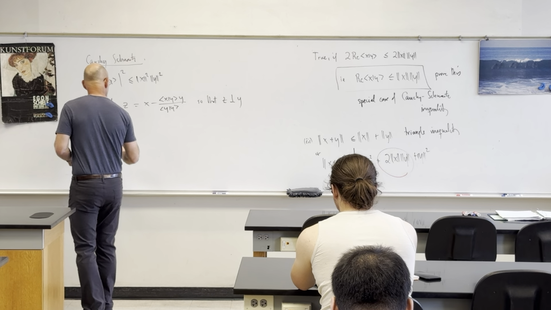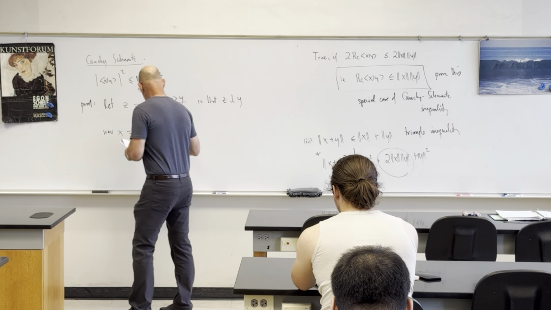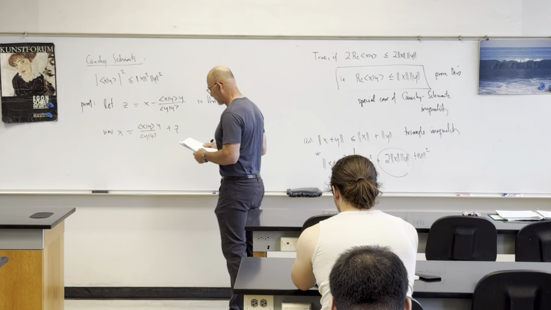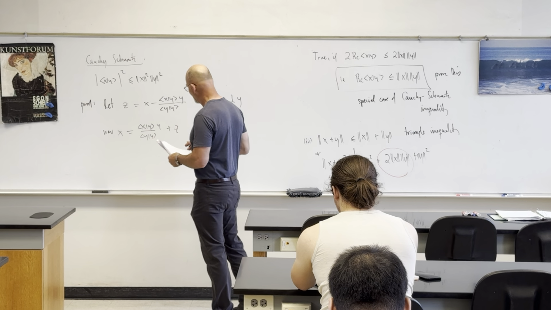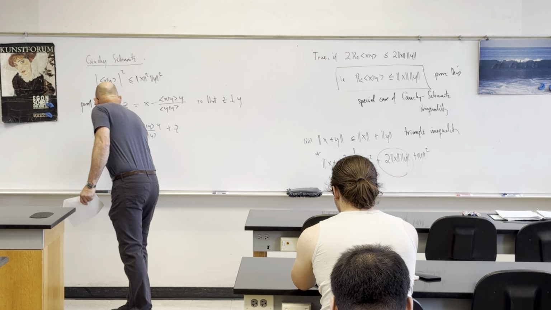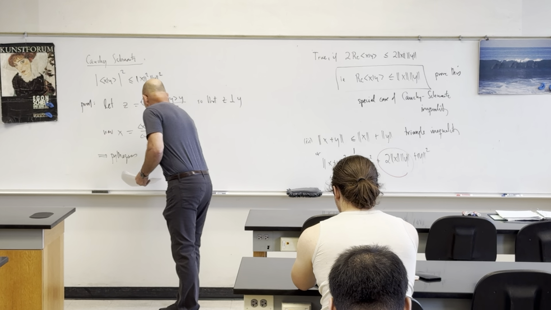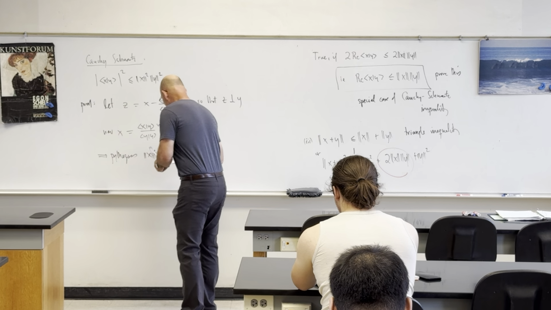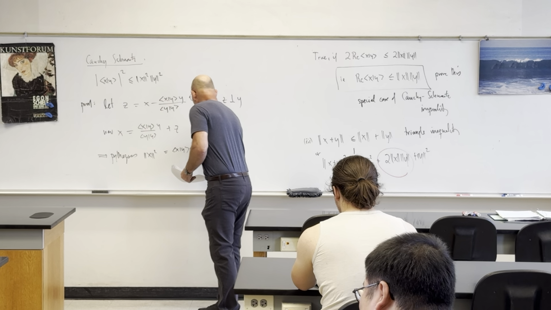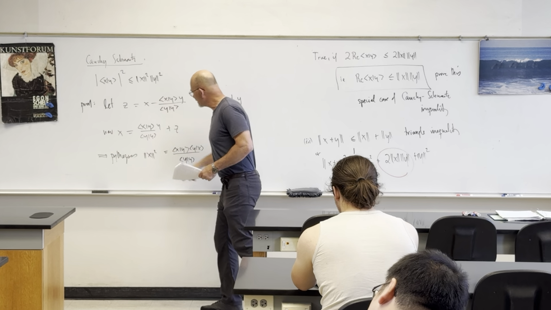So now we'll solve for x, which is just (x·y) over y, plus z. And z and y are perpendicular, therefore we can apply the Pythagorean theorem. So Pythagorean theorem, x squared.